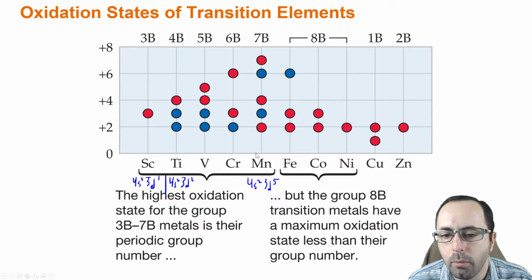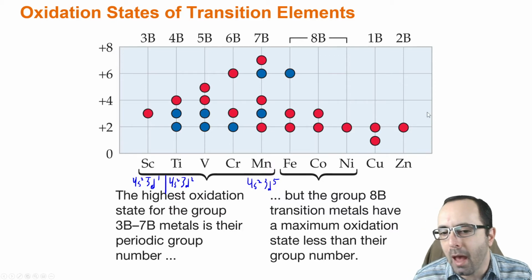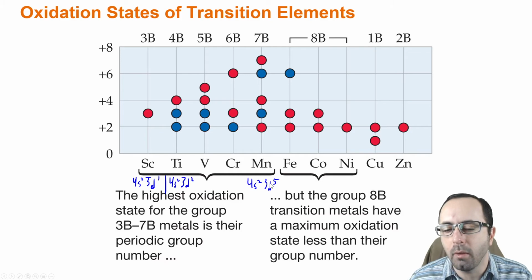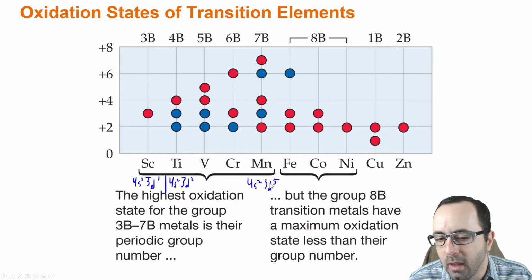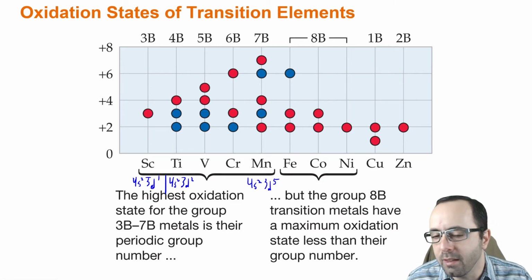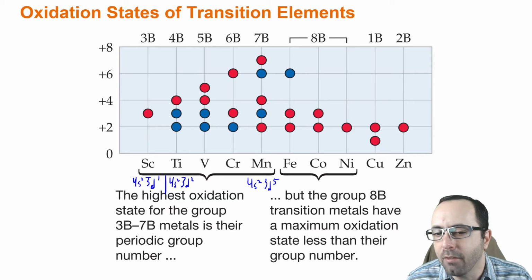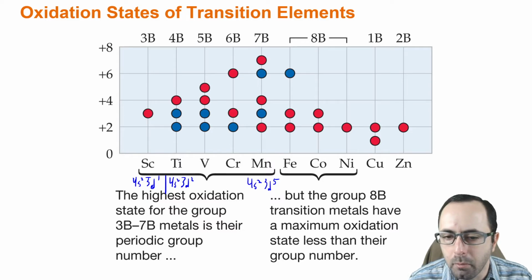It could lose 2. And as you can see, 2 seems to be the most common, especially as we get past the middle. Remember that a half-full subshell has a special stability to it. It takes additional energy to break this up and to remove the electrons. So once you get past this middle, this half-full subshell, breaking into it becomes increasingly difficult and increasingly less common.